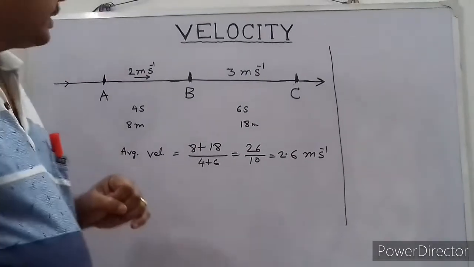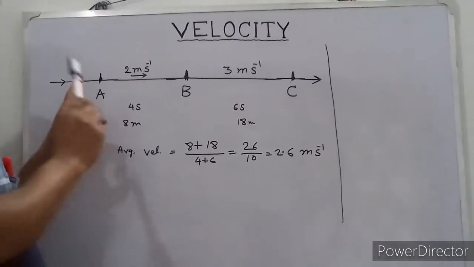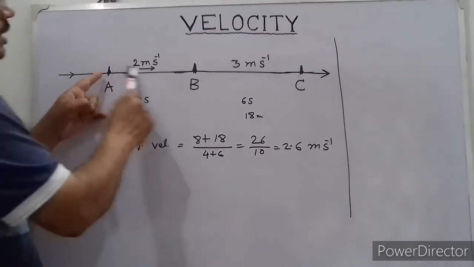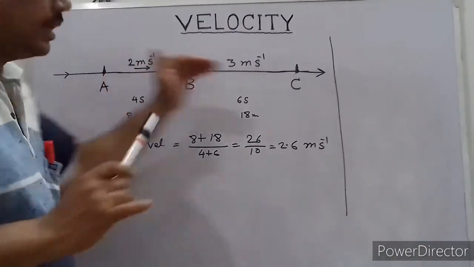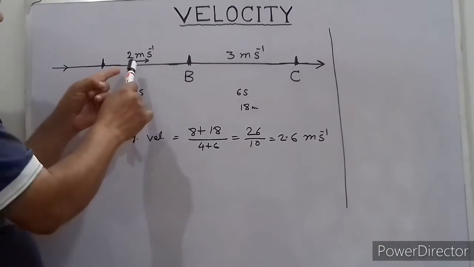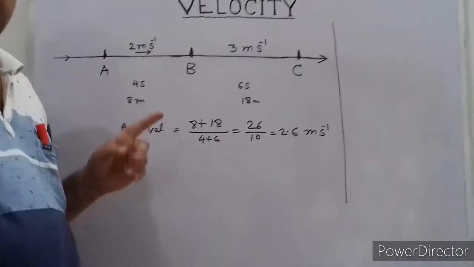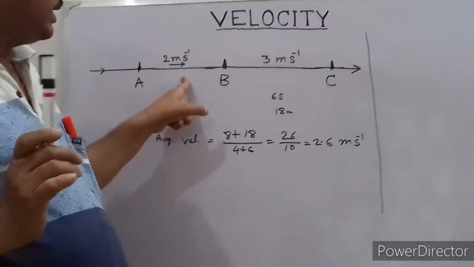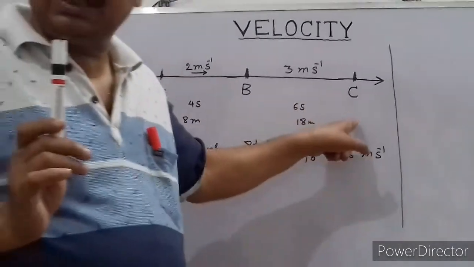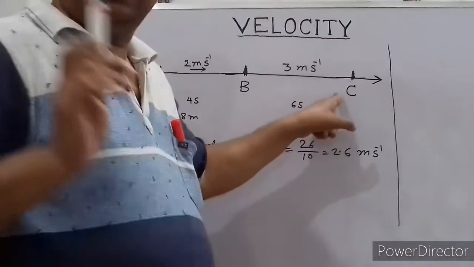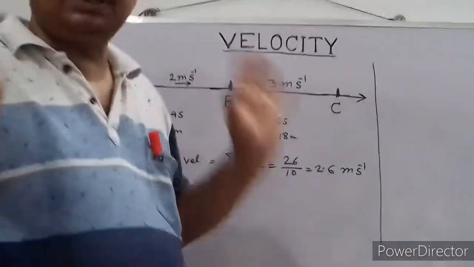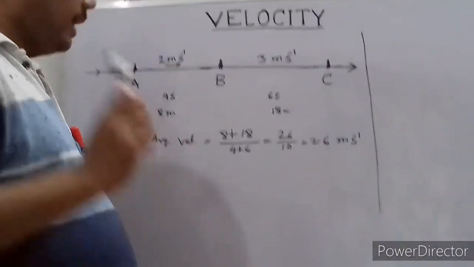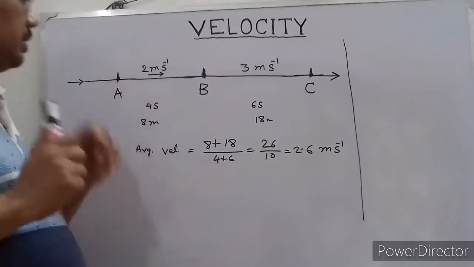Let's take a numerical example. Suppose a particle moves in a straight line from A to B with a uniform velocity 2 meter per second, and from B to C with a uniform velocity 3 meter per second. Now calculate the average velocity.